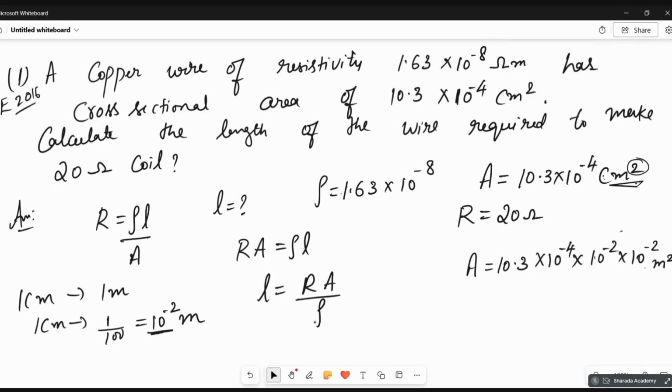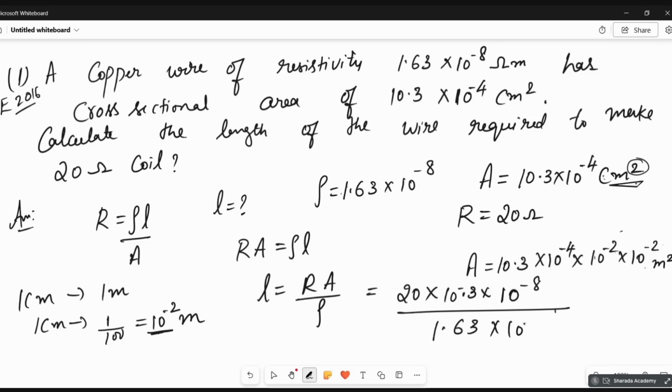Minus 8 down also minus 8, same thing we get. Here 1.63 will cancel. Minus 2, minus 6, minus 8, divided by rho is 1.63 into 10 power minus 8. I can cancel these two.